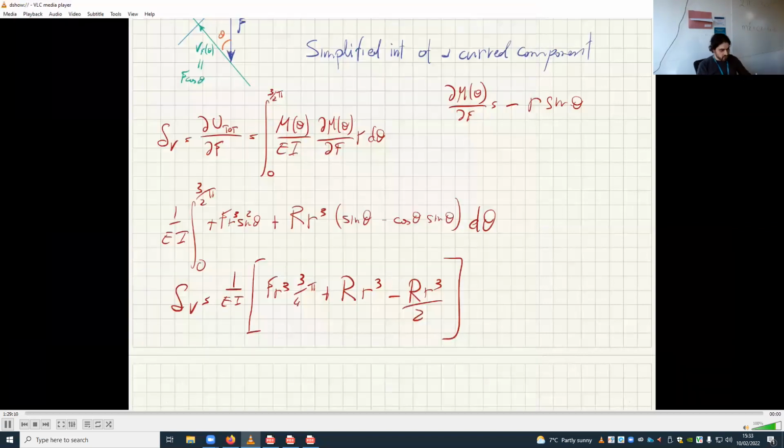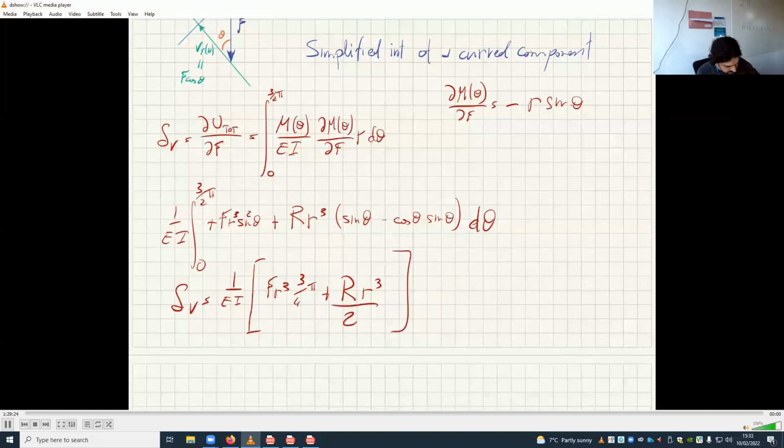Now, is this dv? Oh, also, we can rewrite this. See, this is r cubed minus r cubed divided by 2. So I can just simplify this by saying this, okay? Do you agree with me? Now, this is delta V, but remember that delta V also needs R equals 0, because that was our dummy load. So that means that this is 0 because of our dummy load.